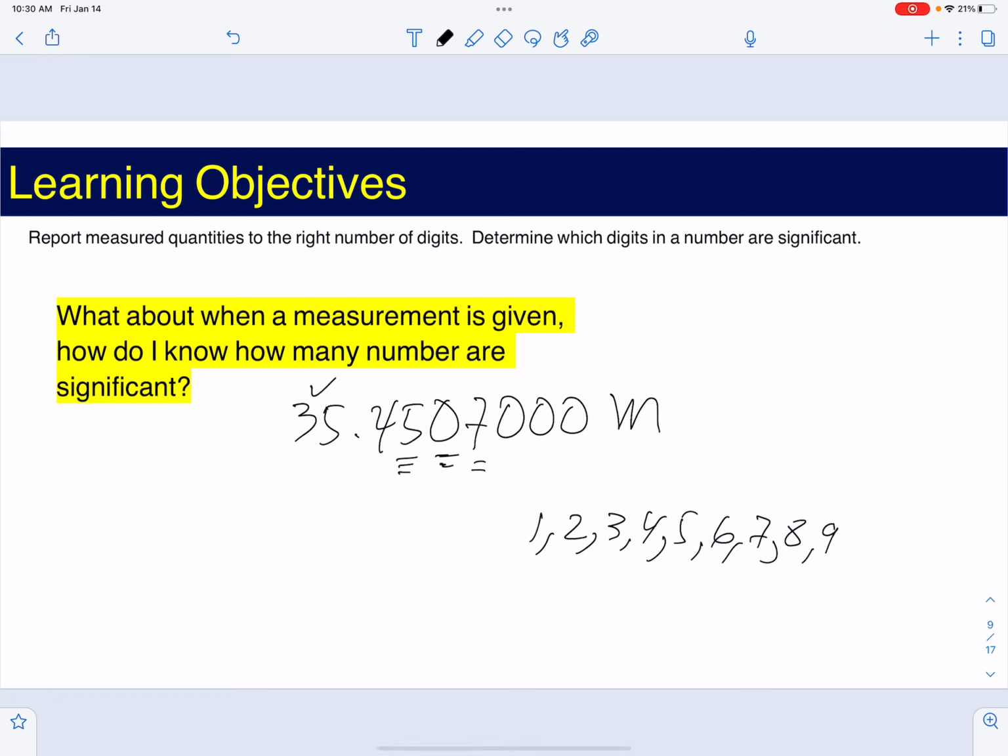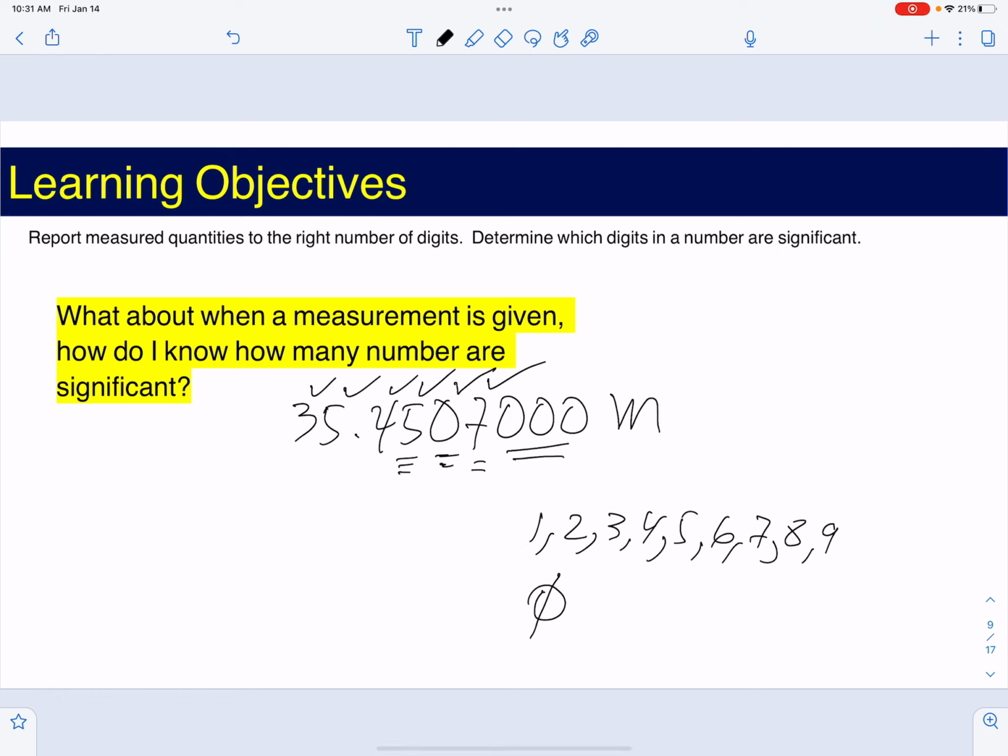So this is significant, this is significant, this is significant, this is significant, and this is significant. Then we have the 0. The 0 is not a number. The 0 is a placeholder. But if this 0 is between 2 numbers, then the 0 is significant.